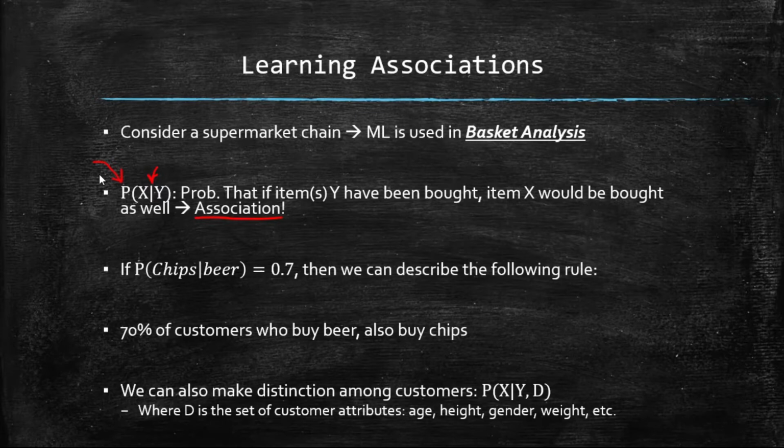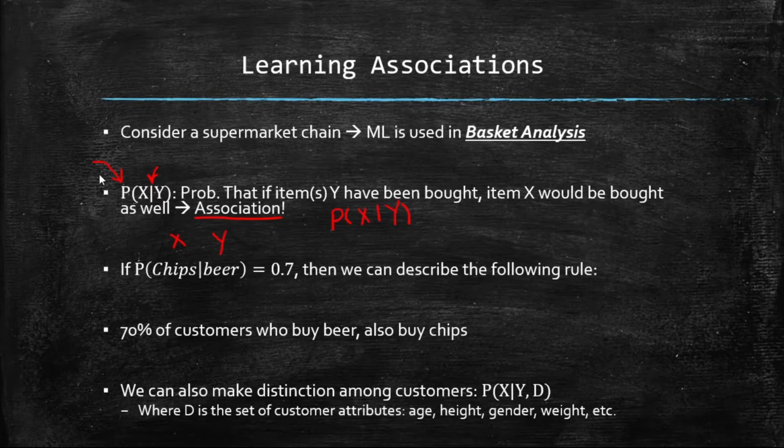So let's just basically talk about it again. So probability of X given Y. Okay? Now, if product Y was bought, what are the chances that product X would also be bought, right? And now, let's call X chips and say beer as Y, right?